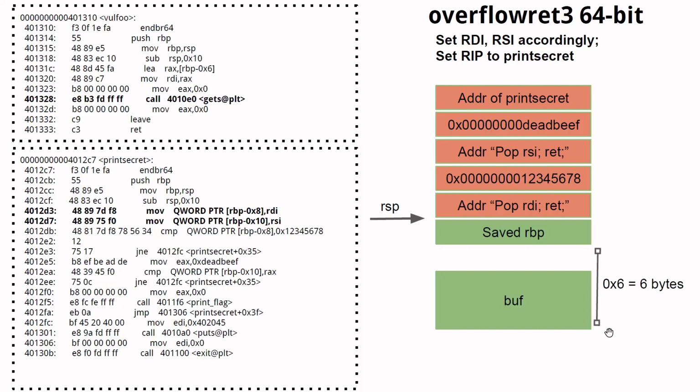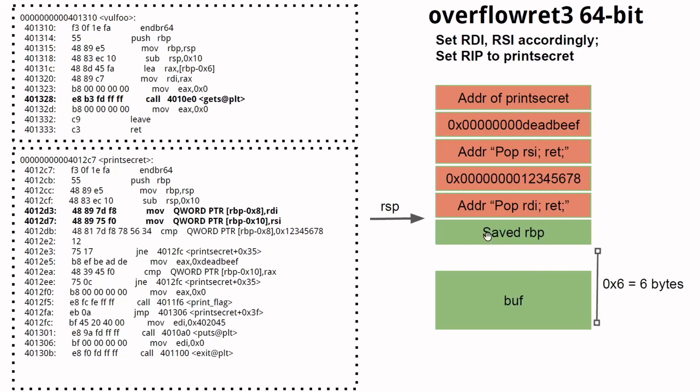So this is 64-bit. Let's say the red part is our exploit. It's just data, no code. And this is what we're going to put on the stack. This part is the buffer, which is 6 bytes.